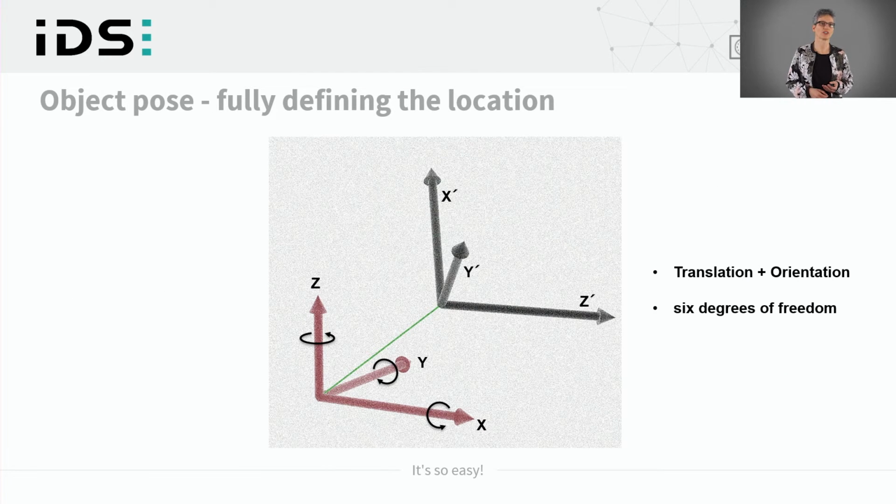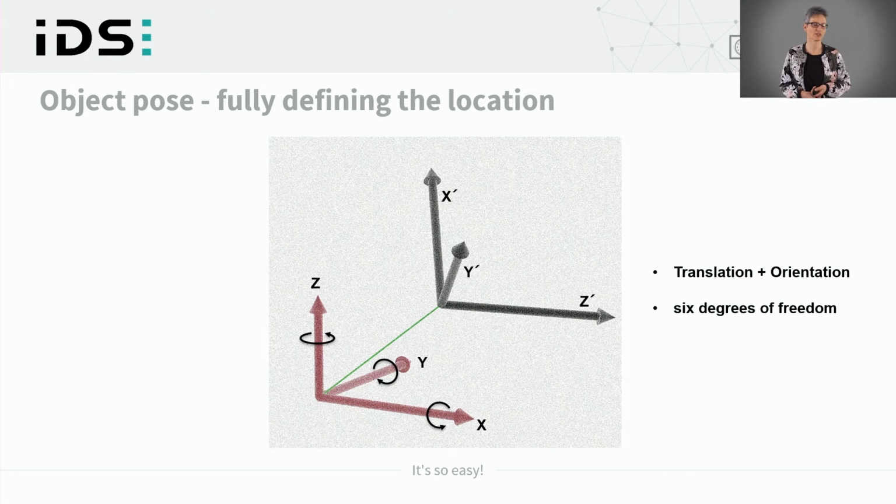So I've talked a lot about the location of an object. Now I will tell you a bit more about what is meant by location. It's not only the position somewhere, it's the position and the orientation. In mathematics and mostly in machine vision, there is a phrase called pose, and this pose completely describes the orientation of one coordinate system with respect to another coordinate system.